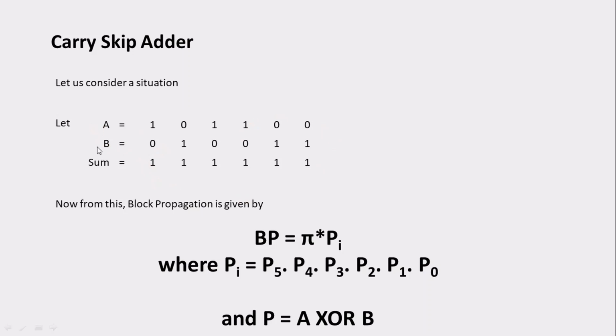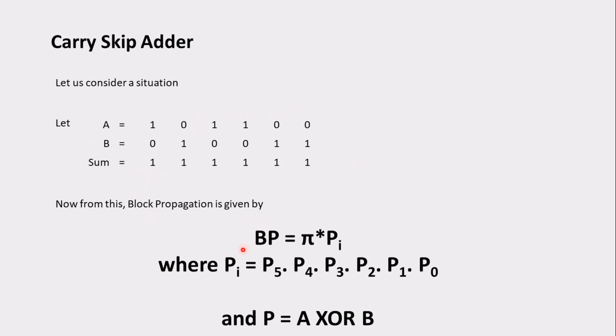Based on this, whenever A is not equal to B, since carry is getting propagated from one stage to another, we can call this whole block as what? Block propagation.